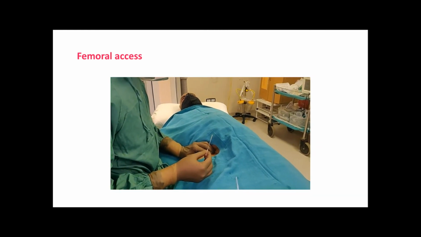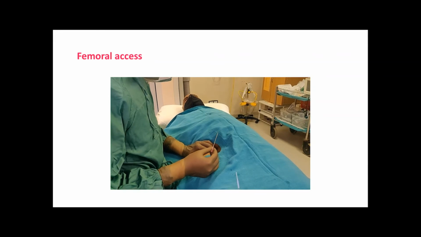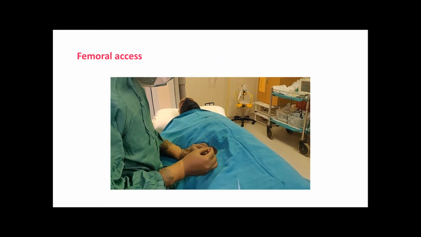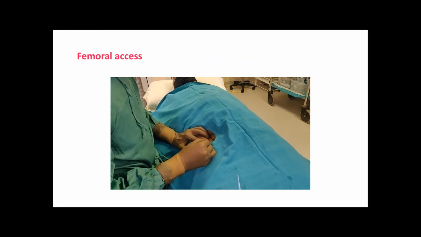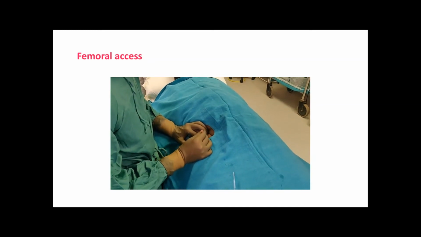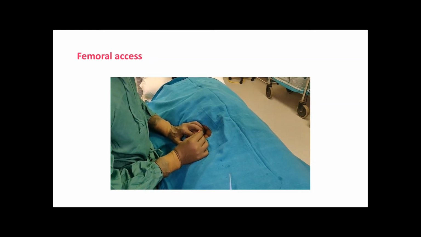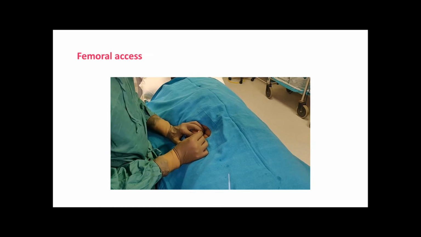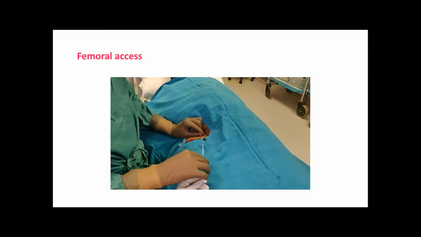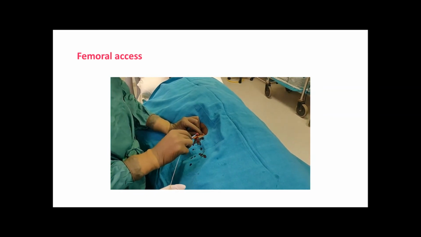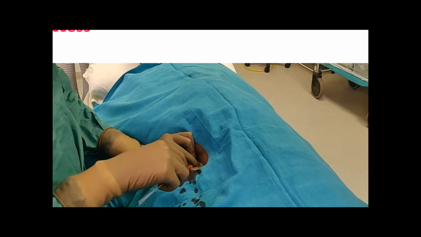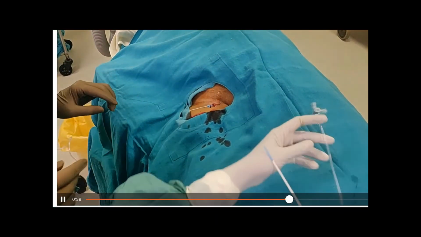The most proximal finger to the needle will be the skin puncture site, and the rest of the fingers will guide you in the direction of your needle. It's very important that you note here that I'm going very slowly, gradually, and when there is flushing of blood, if I just repeat it again.